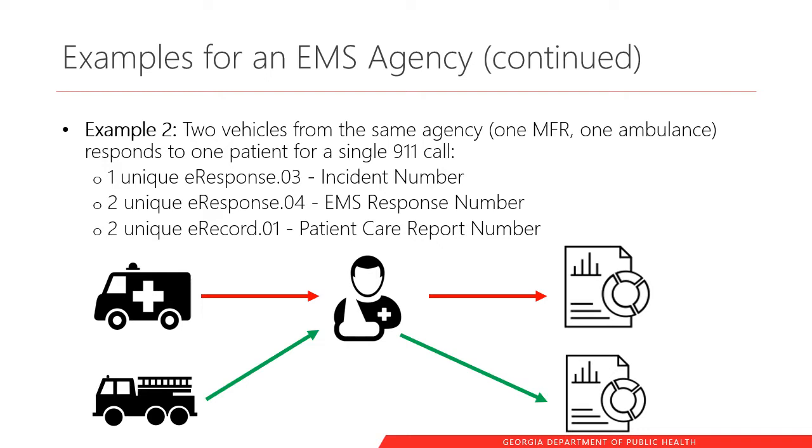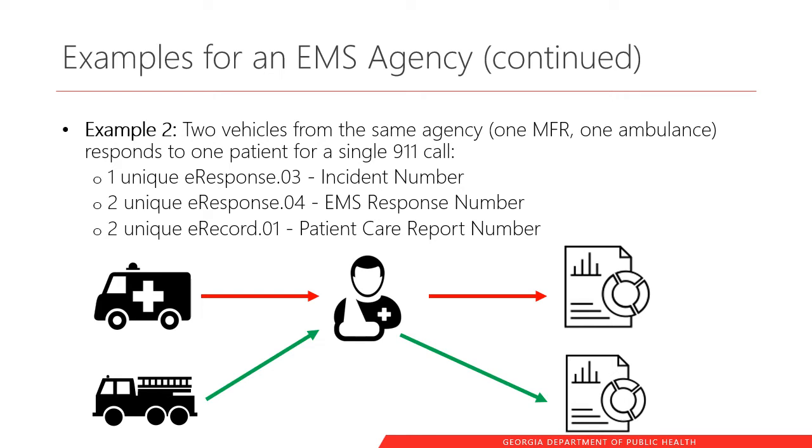There's one incident number that should be shared between all vehicles that respond to that scene, because it's one incident. But each vehicle has its own response number. Each vehicle will then need to complete a patient care report for the same patient.